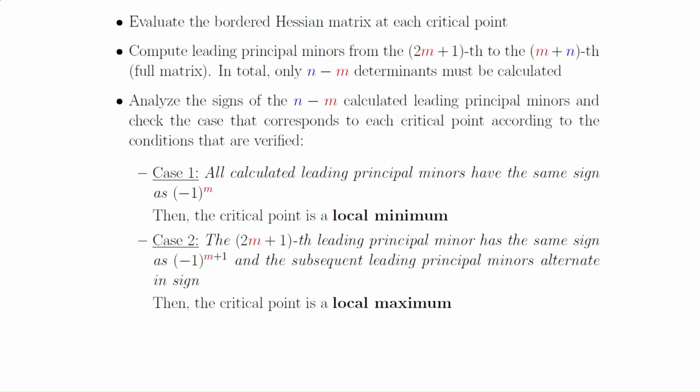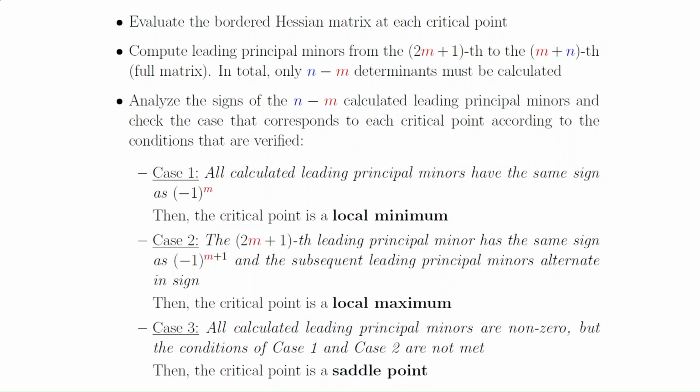The leading principal minor of order 2m plus 1, which is the smallest order that we need to consider, has the same sign as negative 1 to the m plus 1, and the subsequent leading principal minors alternate in sign. Then the critical point is a local maximum. Case 3. All calculated leading principal minors are non-zero, but the conditions of case 1 and case 2 are not met. Then the critical point is a saddle point.